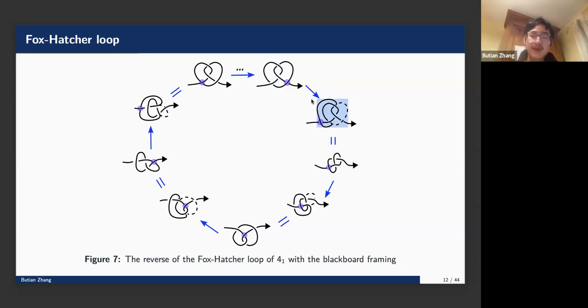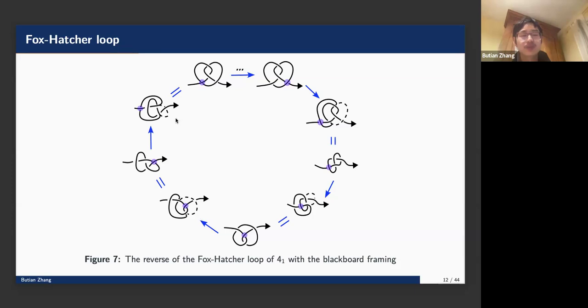From here to here, it is the Fox-Hatcher move. And we do this Fox-Hatcher move consecutively. Since in this diagram 4-1 has 4 crossings, after 8 Fox-Hatcher moves, it will come back to the original diagram.